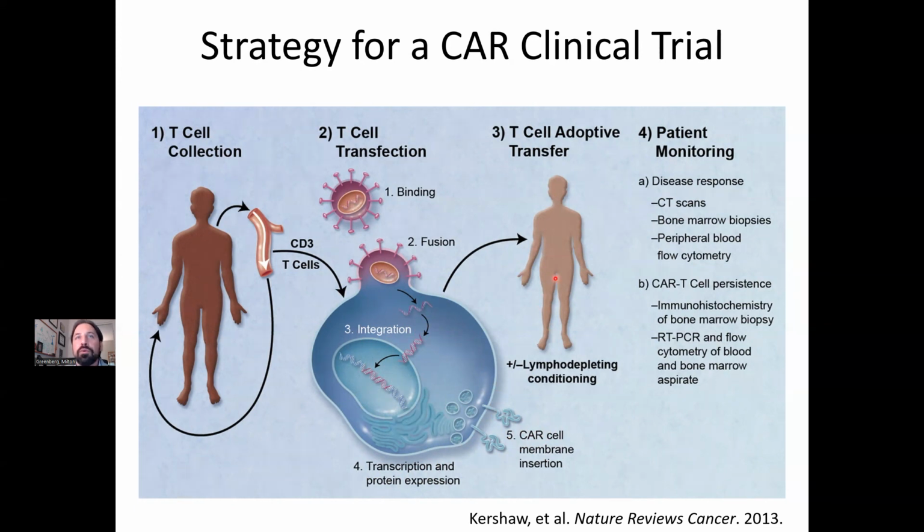And we'll see as we read through this paper how these things are killing off the cancer. For patient monitoring, we'll be looking at bone marrow biopsies, peripheral blood flow cytometry, and the chimeric antigen receptor T cells and how they're functioning in this patient.